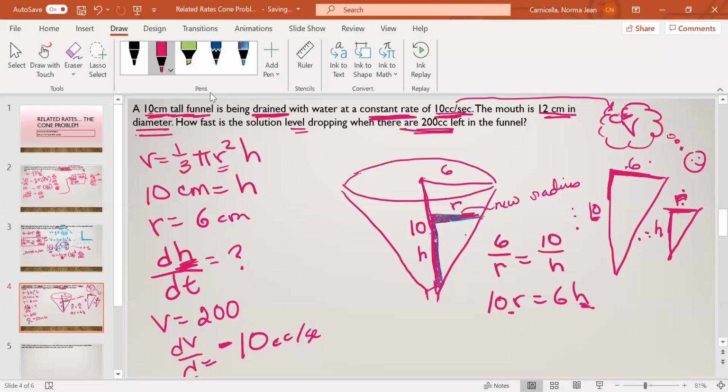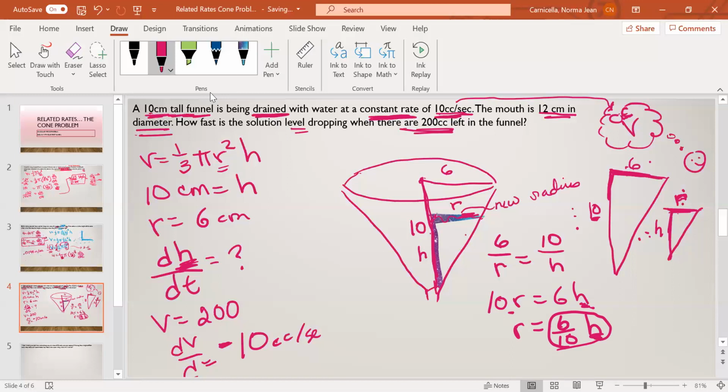So I'm going to solve so that H is in there. You don't want it to be R. So you solve for whatever R is so you can substitute the H. So I'm going to get R alone: 6 over 10 H. Because then I can put the H in there. If I had solved for H, there would have been another R in there.